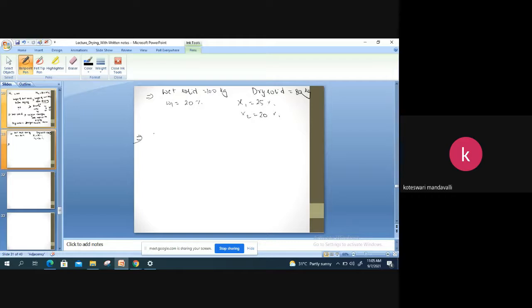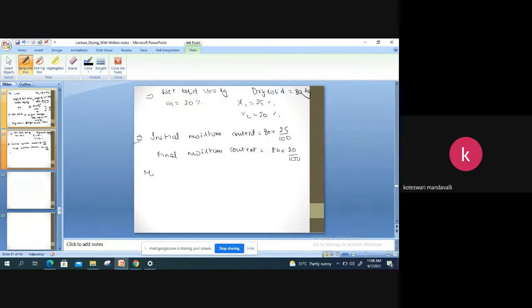Now initial moisture content, how much? So initial moisture content is, dry basis means when we use it, we should take the dry solid weight, right? So total dry solid weight multiplied by percentage, this percentage. Okay, and final moisture content, you can say that 80 multiplied by final value 20 by 100.